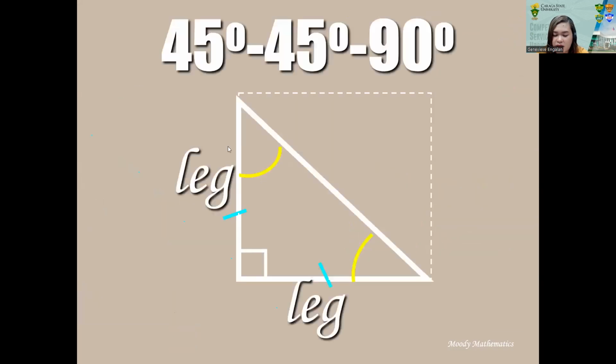So to summarize the pattern, if we have a 45, 45, 90 nga triangle, then if given ang leg, ang iyahang hypotenuse will be leg times square root of 2. Okay?